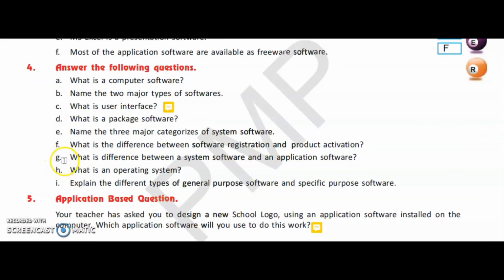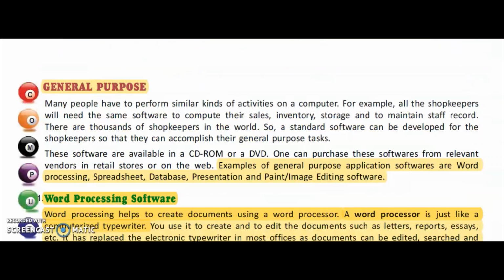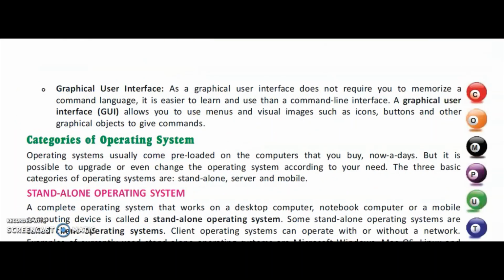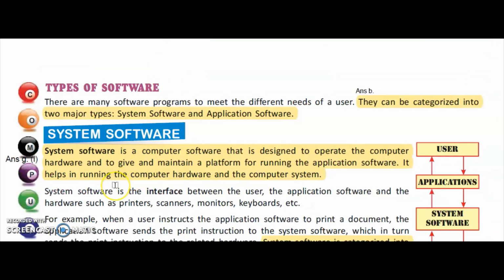And now the G part of question number 4 is what is the difference between a system software and an application software? The answer of this question is in 2 parts. The answer for system software is on page number 4. Here.